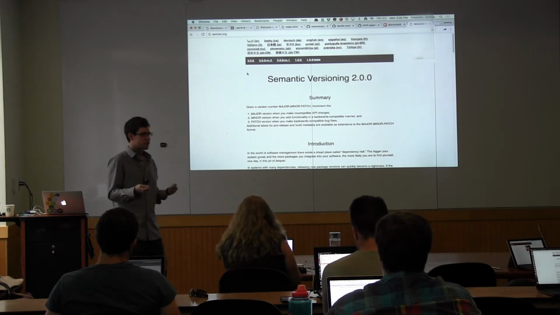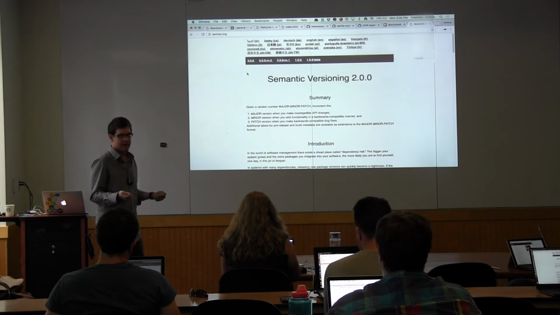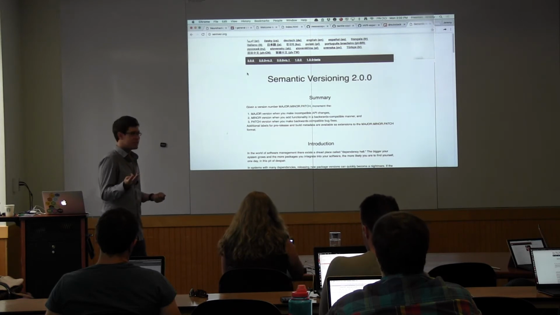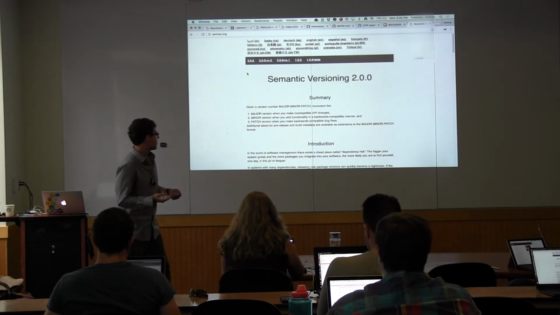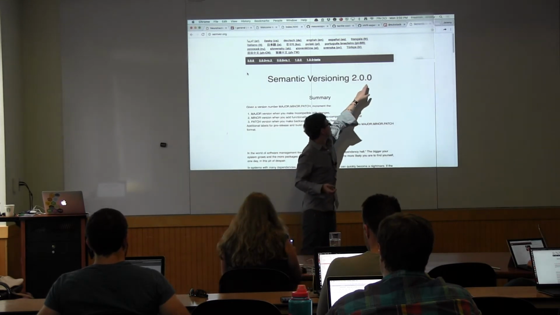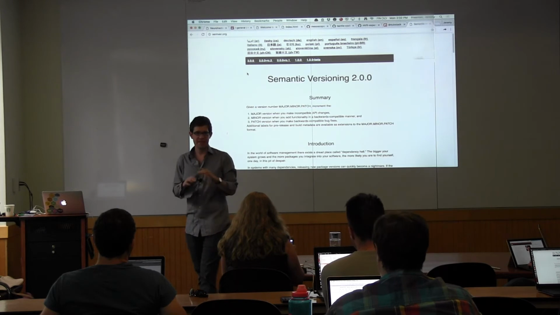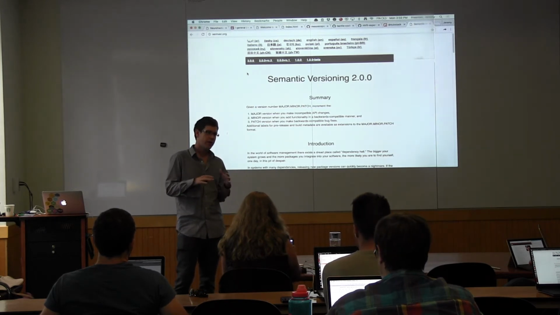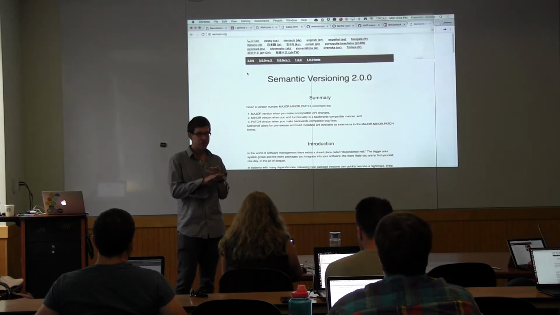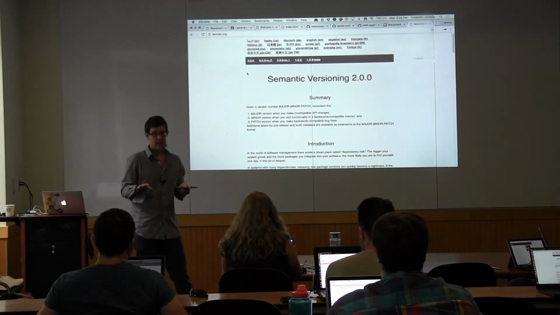So the idea of semantic versioning is that every module or every package has three numbers, X, Y, Z, and the third number, Z, increments when you make a change that, say, fixes a bug or changes something internally to the module, but it doesn't change anything about the API.